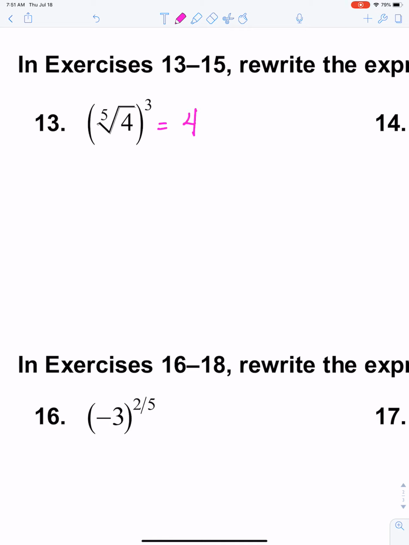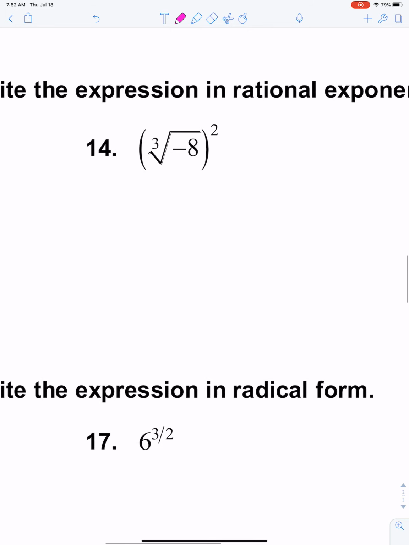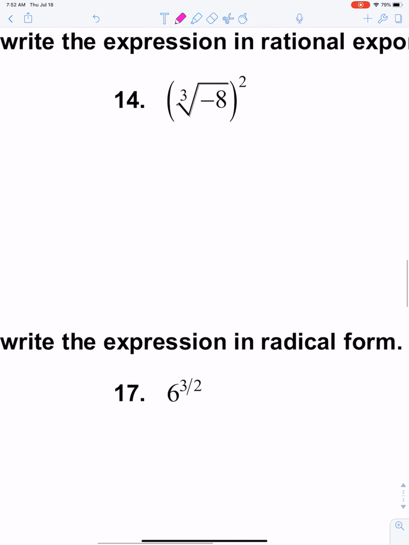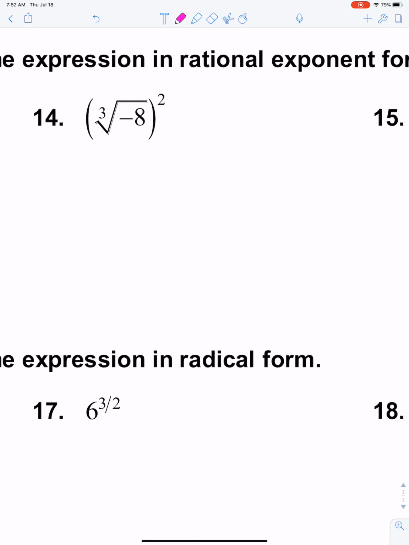My top number is my exponent, my bottom number is my root. Same thing here. Rewriting this, it becomes negative 8 to the, top number is my exponent, 2, my bottom number is my root.